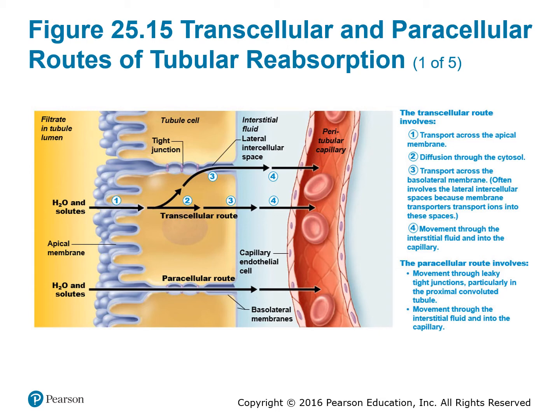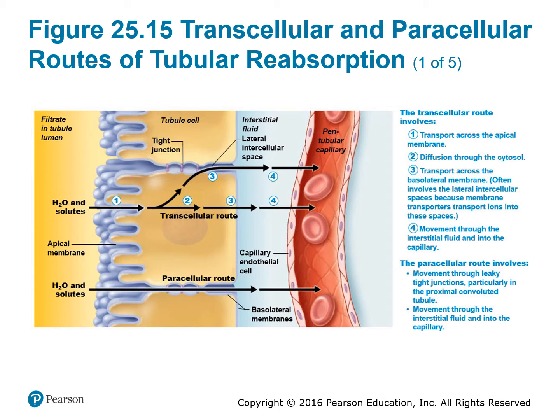We go through the cytosol. Number 2 diffuses through the cytosol here. Number 3 is transport across the basolateral membrane, that basement membrane here. Basolateral membrane transport often involves the lateral intercellular spaces, because the membrane transporters transport ions into these spaces.